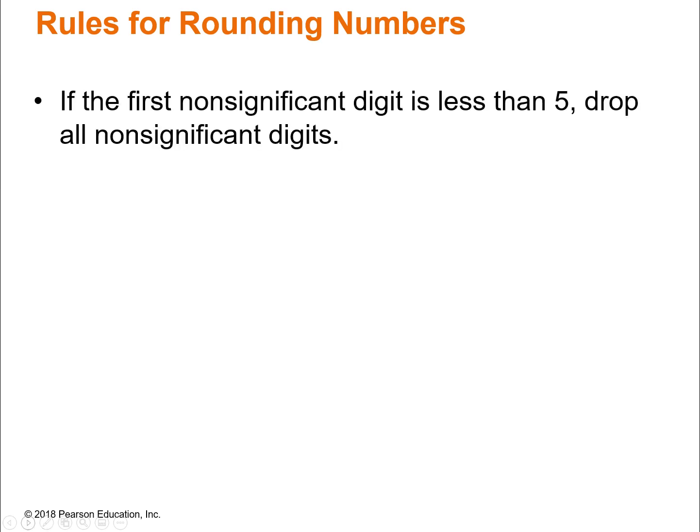If the first non-significant digit in a number is less than 5, then you drop all the non-significant digits. So let's use an example. Let's say that we have this number of grams, and we need to round off here.